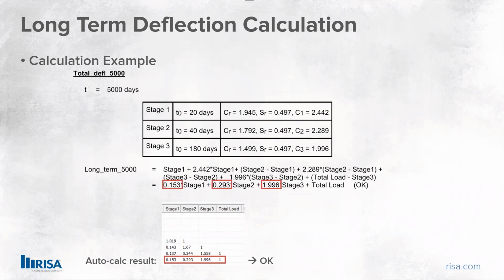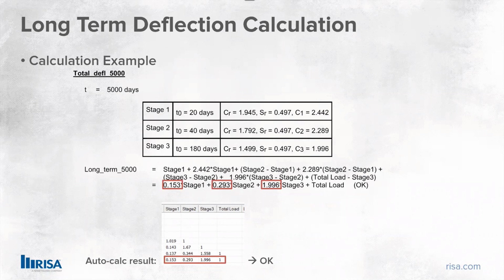And then when we come to stage 2, the immediate deflection due to sustained load will actually be stage 2 minus stage 1. This represents the additional load that was applied at stage 2.